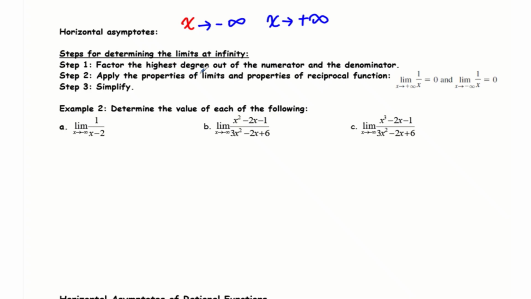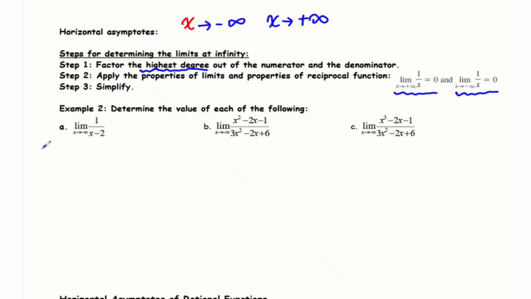In order to find the limit, same as before, we want to factor the numerator and the denominator and factor the highest degree out. We hope to cancel some of the x values, and we use the property that 1 over x, when x approaches infinity, is 0. We use this limit to find the other limits for horizontal asymptotes when x approaches negative infinity or positive infinity.